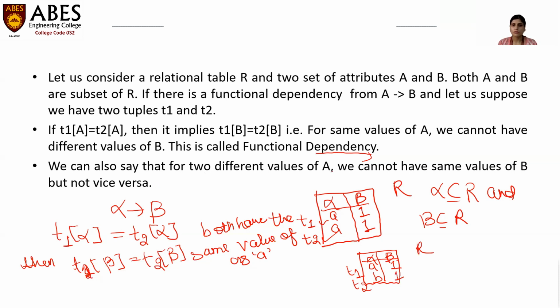So for two different values of alpha, we can have the same value of beta. But if the values of alpha, that means the values of T1 and T2 tuple, are the same, then the value of T1 of beta should always be equivalent to T2 of beta. So this is the formal definition of functional dependency.